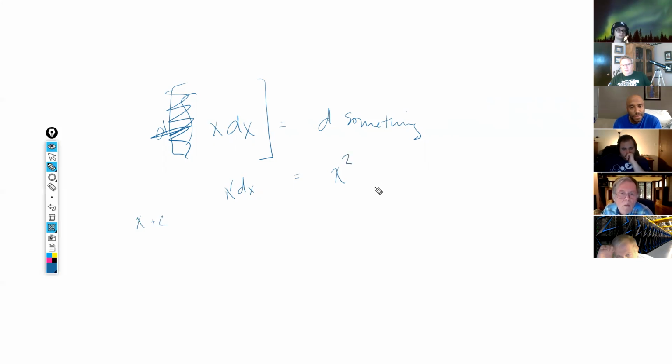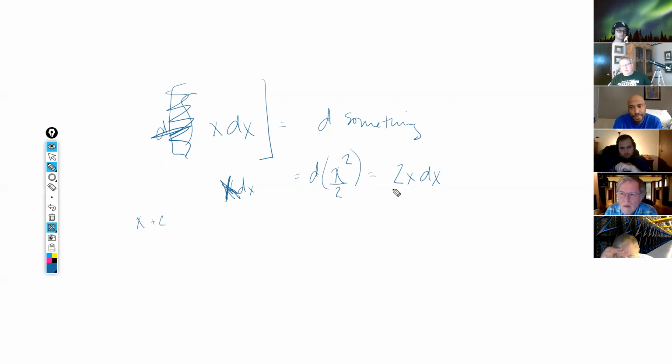Like, if I took the derivative of x squared, what do I get? I get 2x dx. But over here, I have x, and over here I have 2x. So what does that something have to be? Divided by 2.